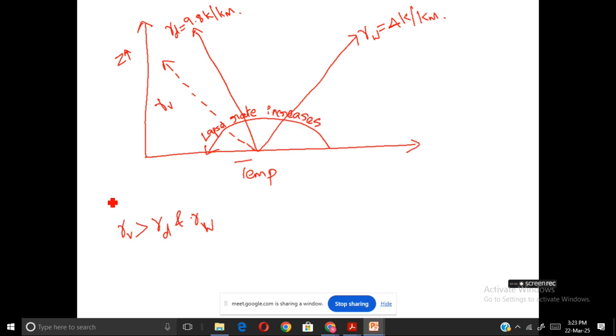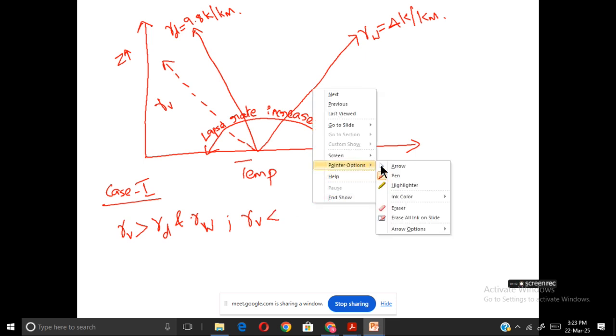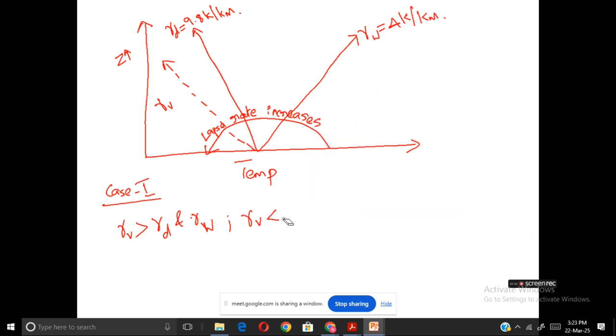So this is case 1, which basically means gamma V is greater than gamma V dash.